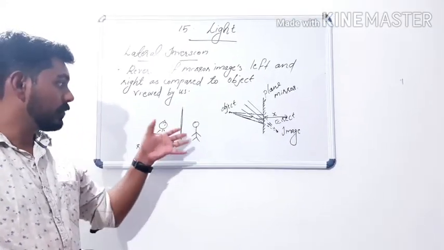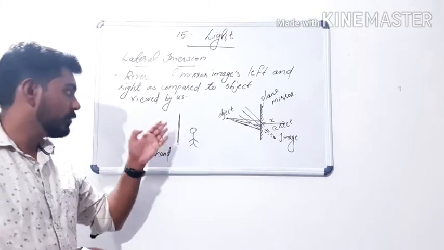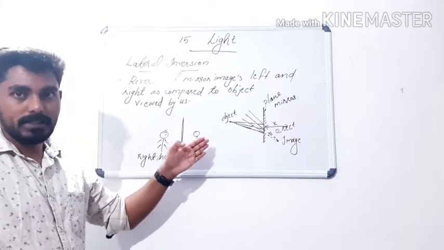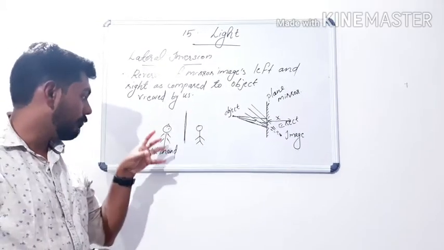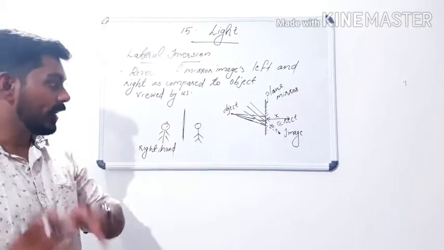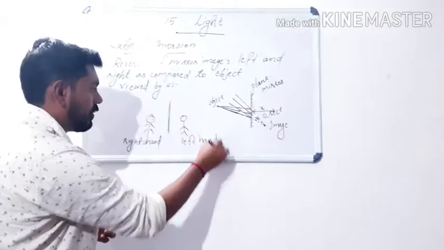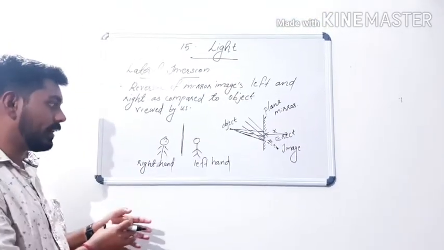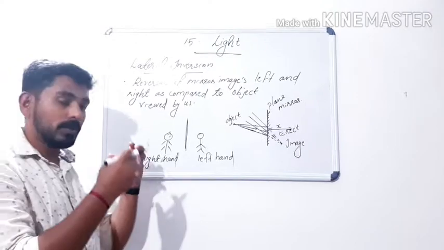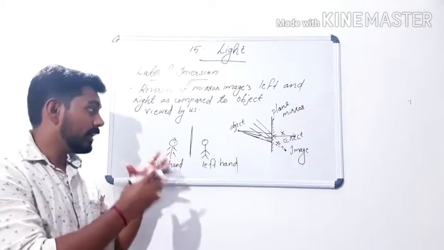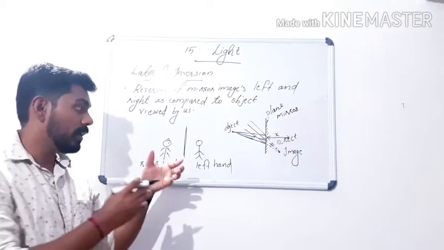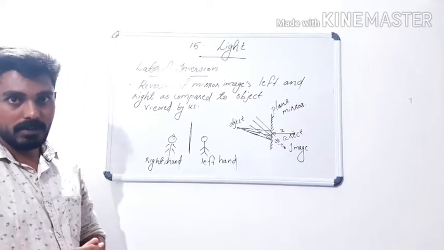What can you observe here? Your image appears to be holding the flower in the left hand. Actually you are holding it in the right hand, but when you look at the image, it appears to be in your left hand.